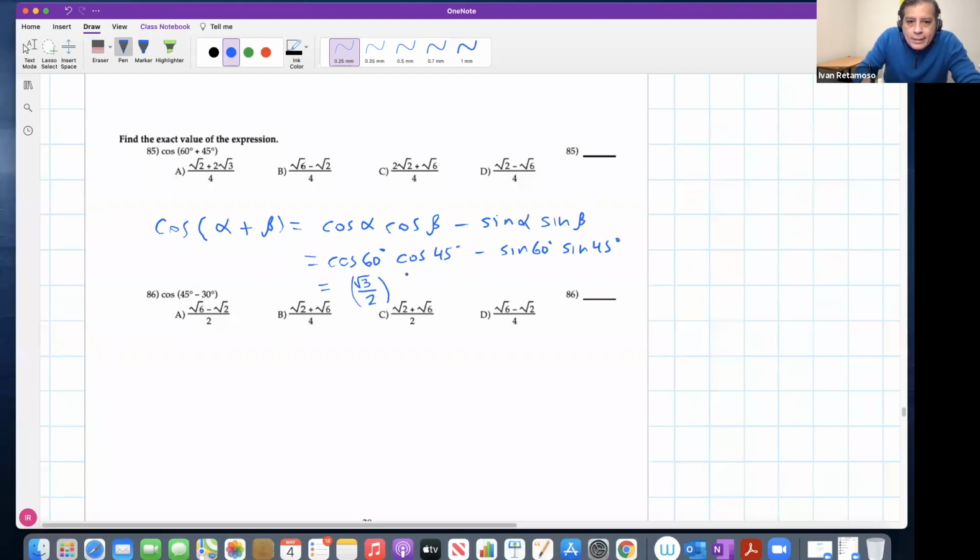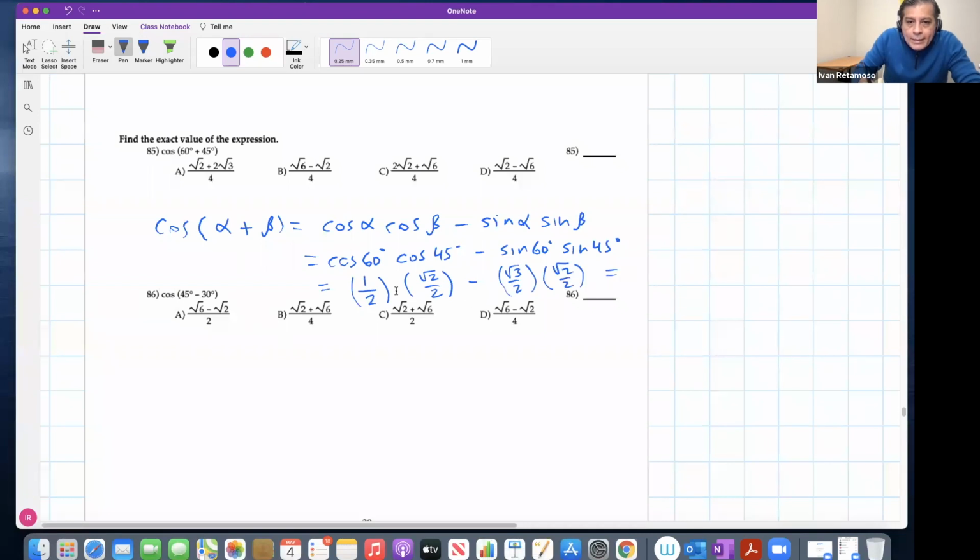Cosine of 45 degrees, you will find out, is square root of 2 over 2. Sine of 60 degrees is square root of 3 over 2. And sine of 45 degrees is square root of 2 over 2.